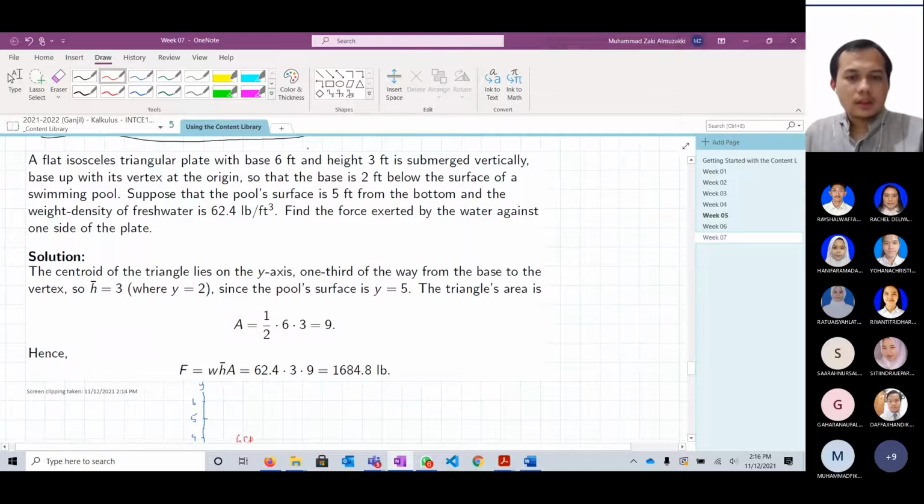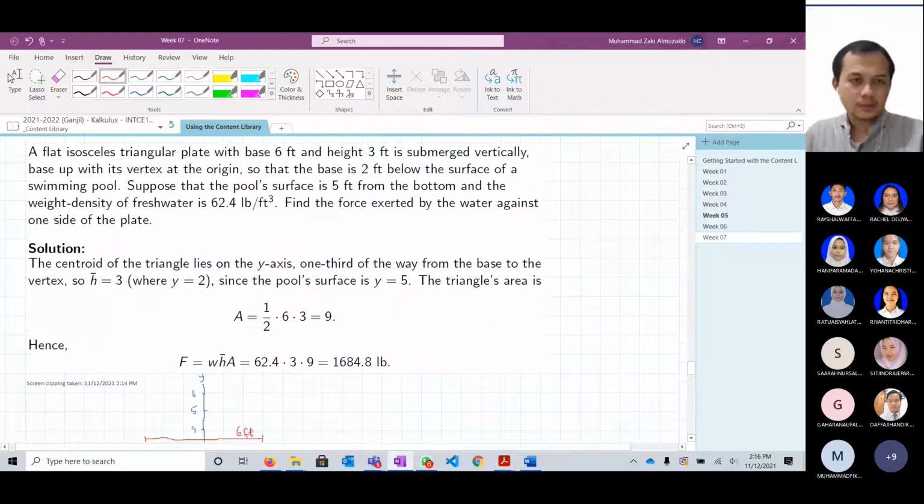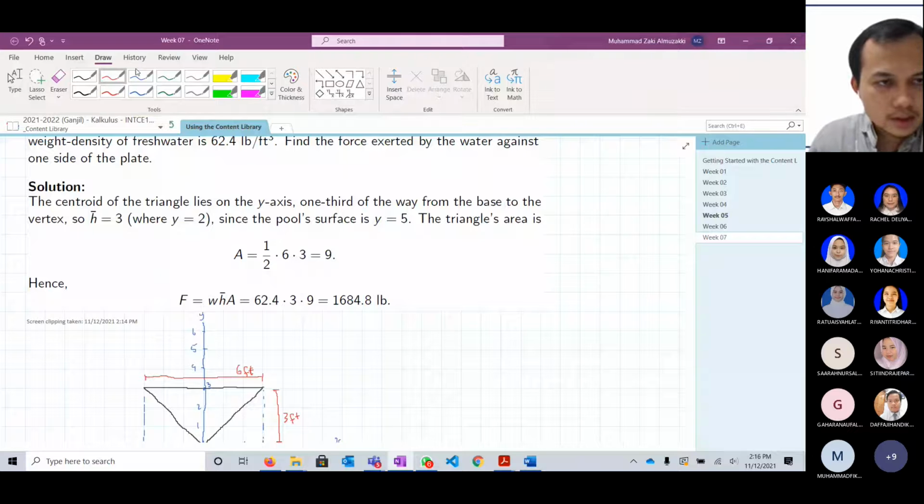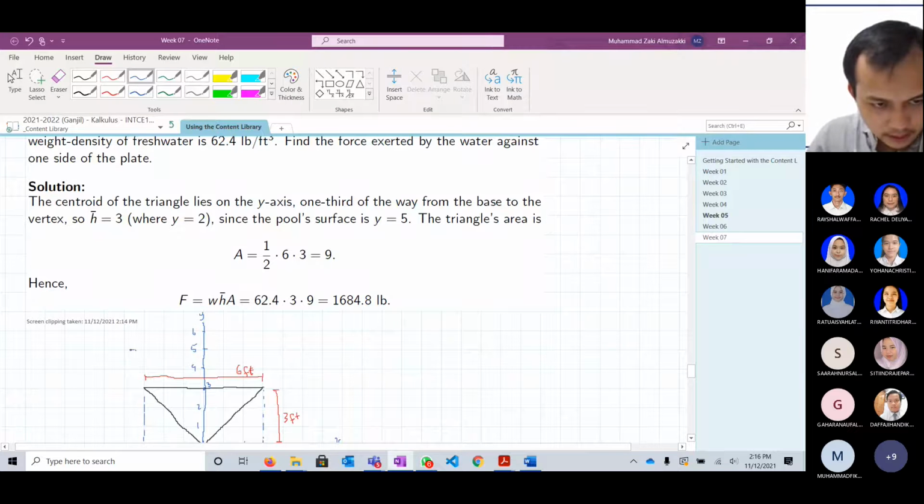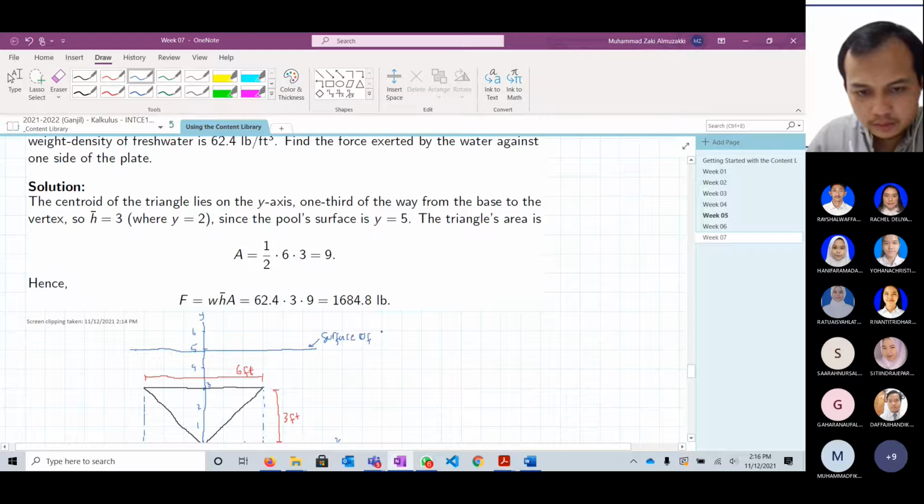And then, okay, submerged vertically so that the base is 2 feet below the surface of a swimming pool. So now the surface is this area, these lines. This is the surface of the swimming pool.